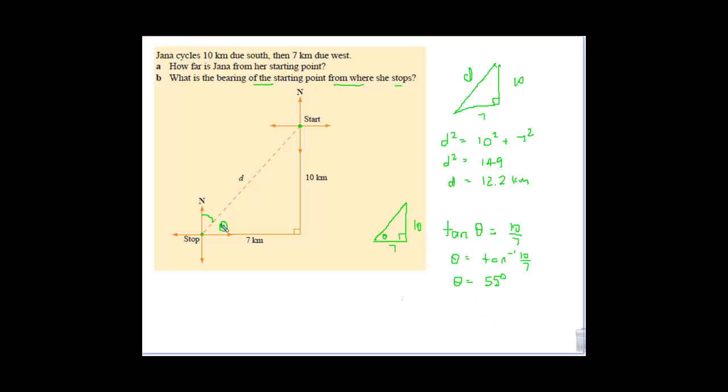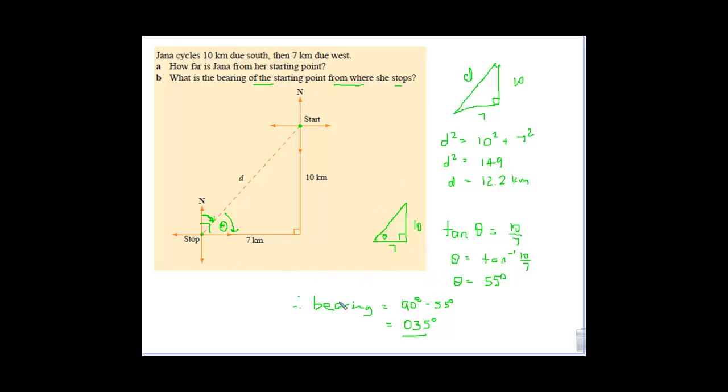So if that's 55 degrees for that angle there, and I want to find the bearing, because I know this is going to be a right angle, all I need to do is take 90 degrees and subtract 55 degrees, and that leaves me with 35 degrees, which as a true bearing is 035, because that's how far I need to go.